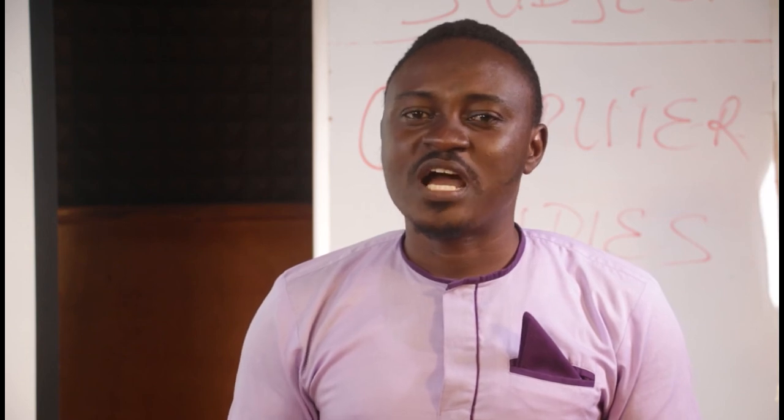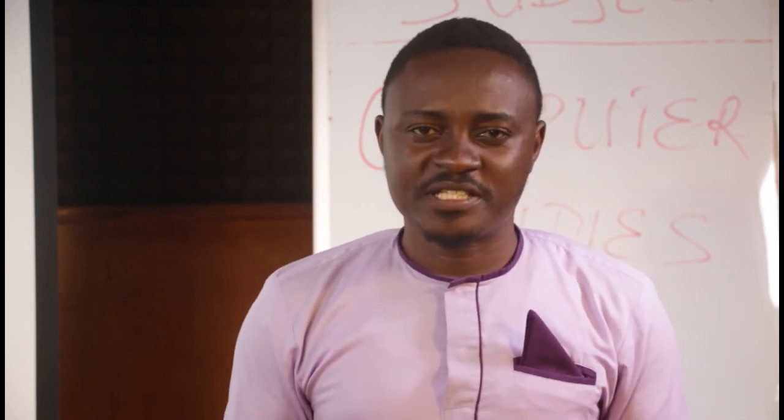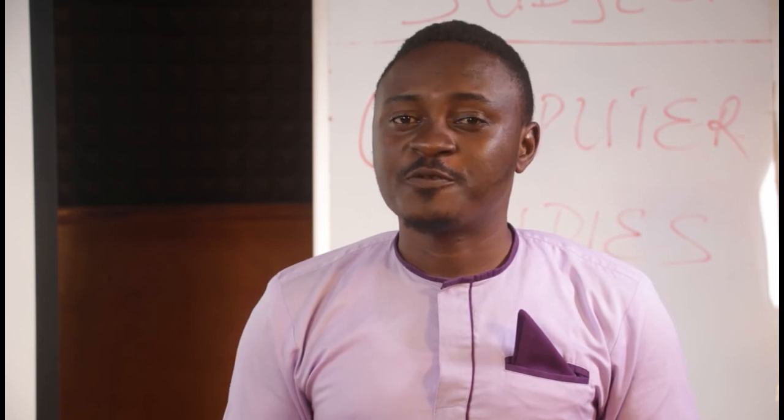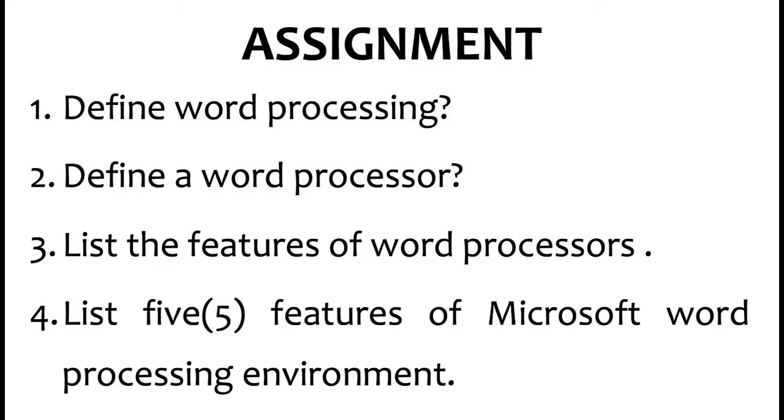I believe you have gained a lot from this teaching, and I would not leave you idle. I want to keep you busy, giving you an assignment to ensure you understand what I have taught you. Number one, define word processing.